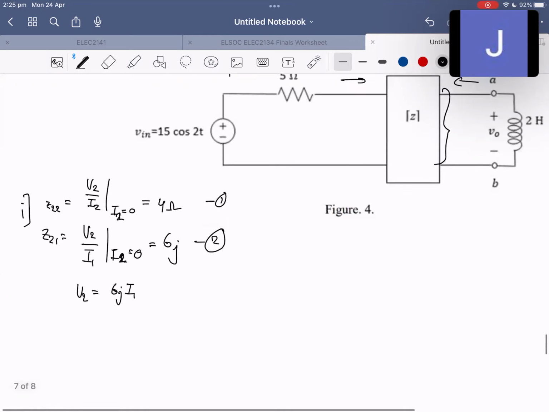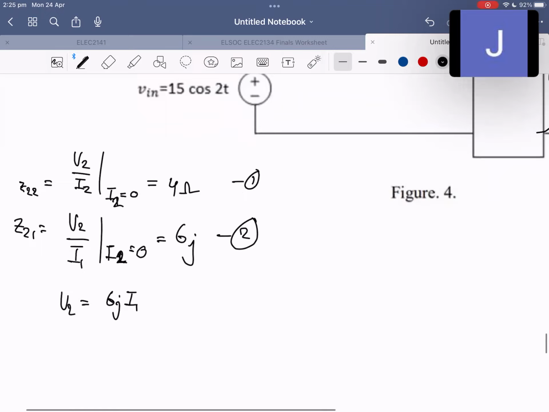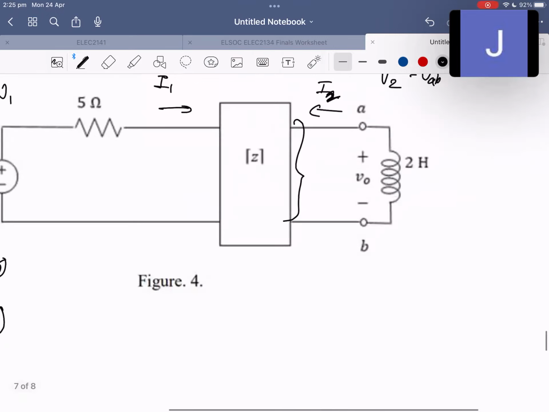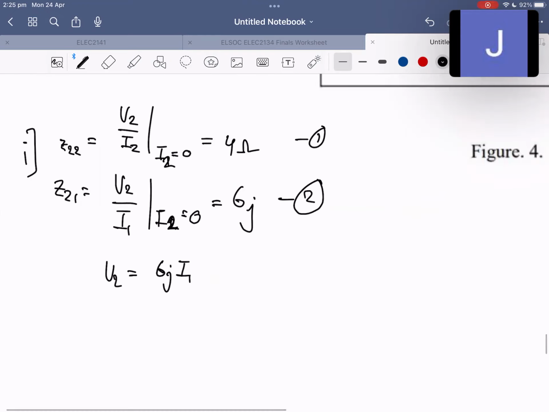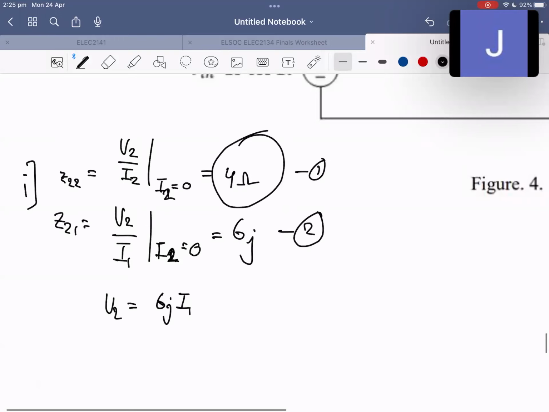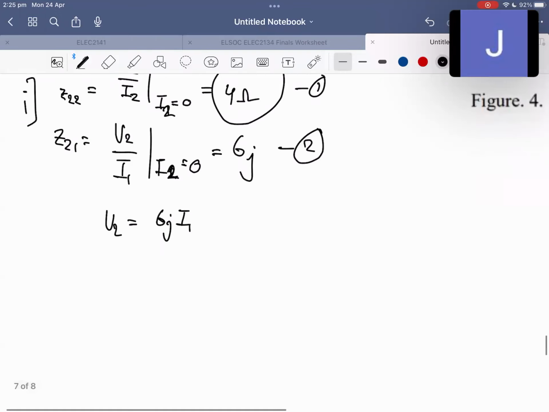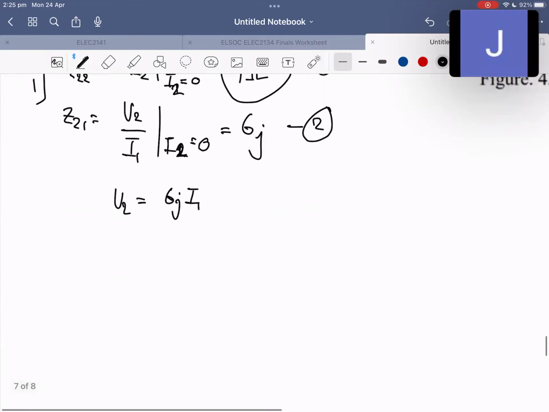We're under the condition that I2 is 0, because we're interested in the Thevenin voltage, which is when this is open circuit. So V2 equals 6J I1, and the impedance it sees is 4 ohms. We just need I1, because V2 depends on I1. So how do we find I1?